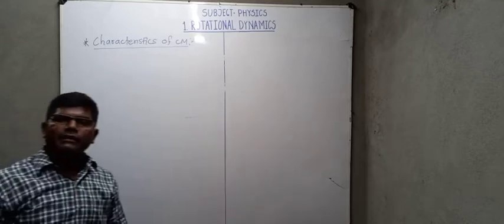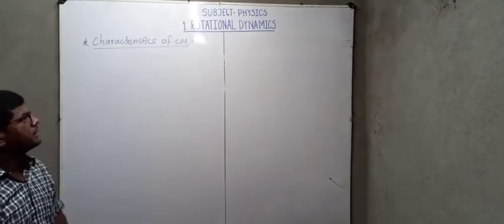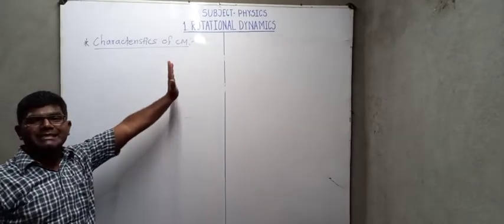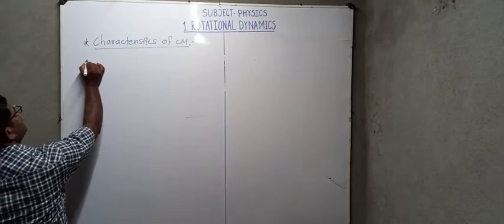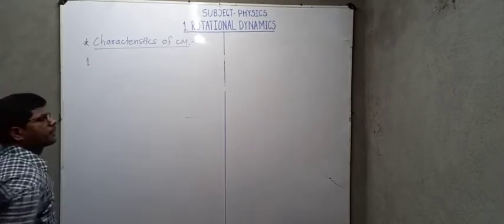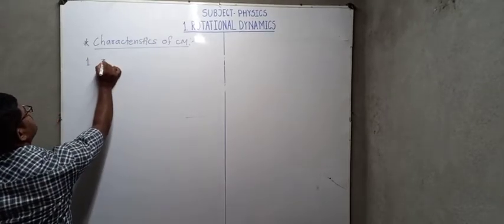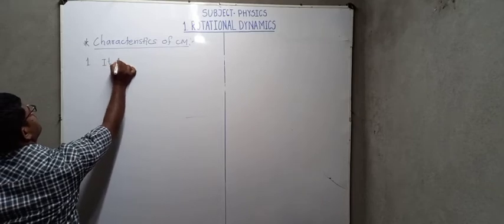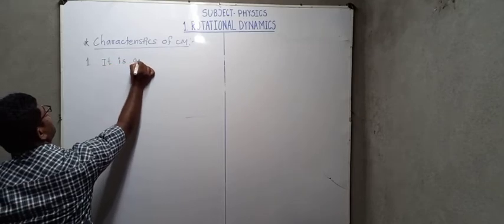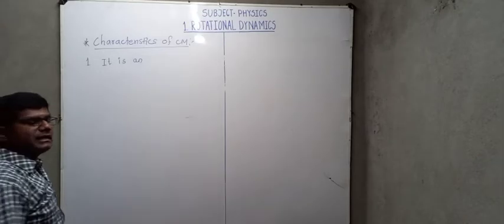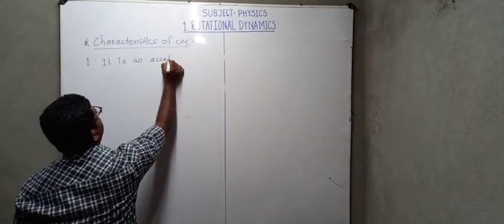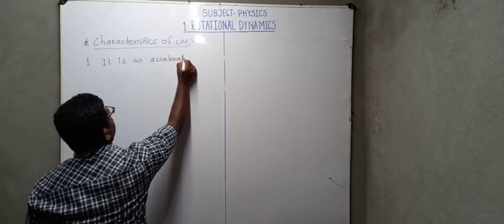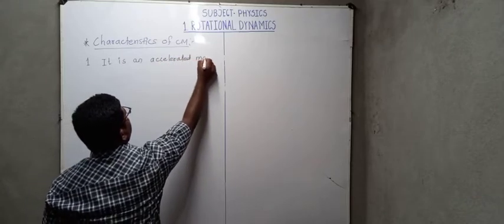Now, there are two characteristics as far as circular motion of the particle is concerned. The first characteristic of circular motion is that circular motion is an accelerated motion.